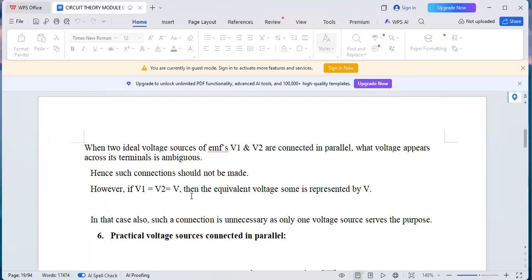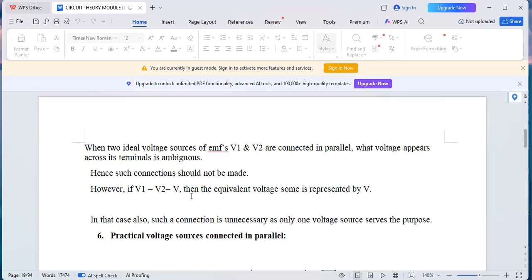So when you connect cells in parallel, you maintain the same voltage throughout. If it is a 2 volts battery and you have connected it in parallel, what you are doing is increasing the current.